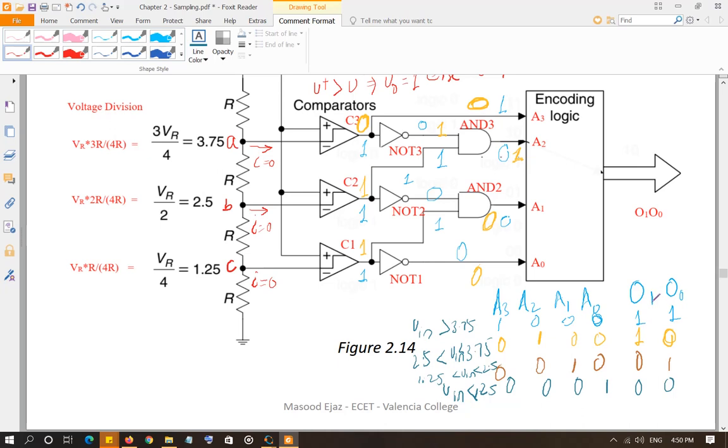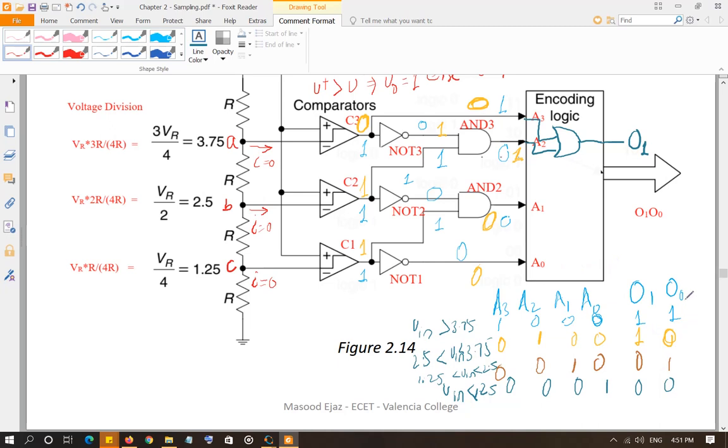Observe that O1 is 1 when A3 is 1, or A2 is 1. So A3 or A2. So basically all you need is an OR gate, and connect the OR gate to A3 and A2, and that's going to be bit number 1 at the output.